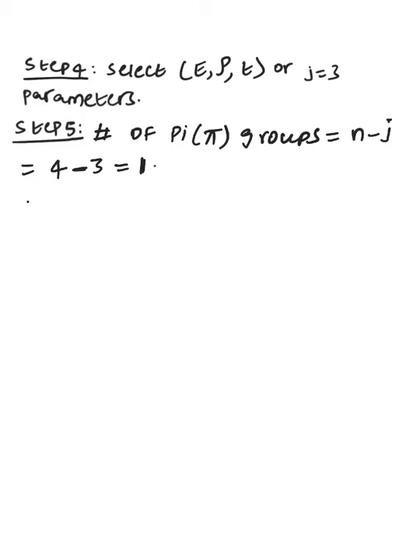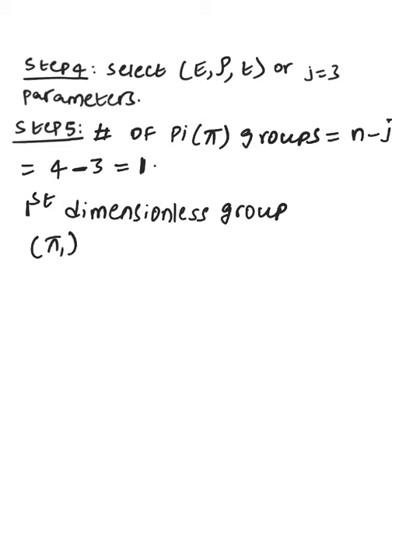So the first dimensionless group, pi 1, is formed from E, rho, t, plus the actual variable r.